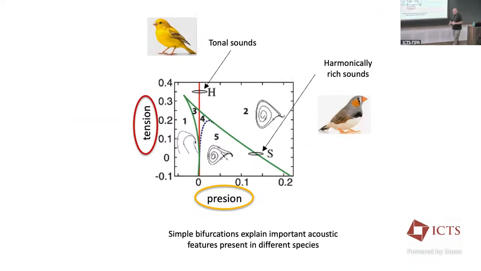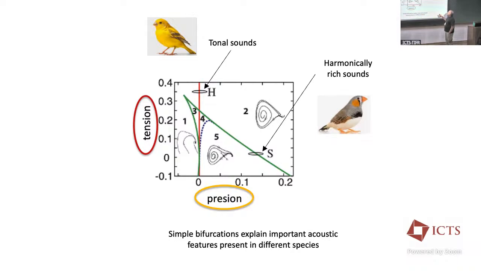Someone asked me yesterday a question which I would love to do systematically. I think it was you. Whether different species could be placed in the same bifurcation diagram. I don't have the complete picture of that, but I'm pretty positive that you can. So for example, canaries, which have tonal sounds, are going to be operating in this region.